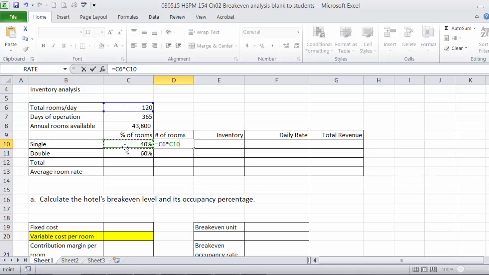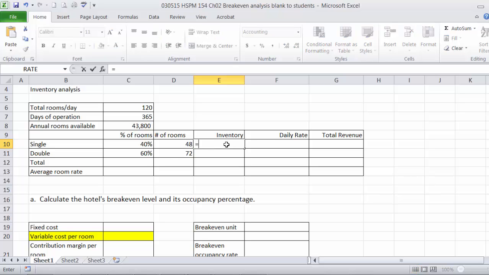We use that times this, 48. Then we use 120 multiplied by 60%. So basically we have 48 single rooms, then 72 double rooms.